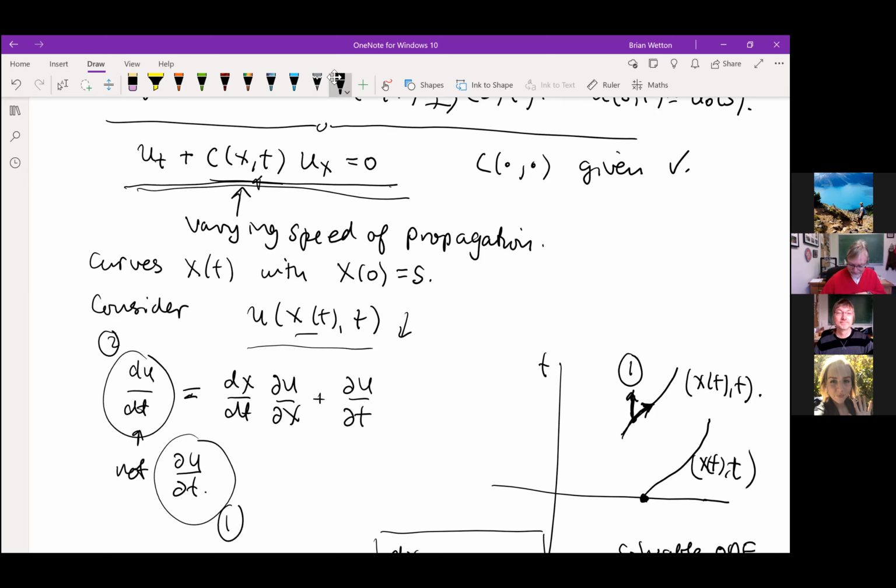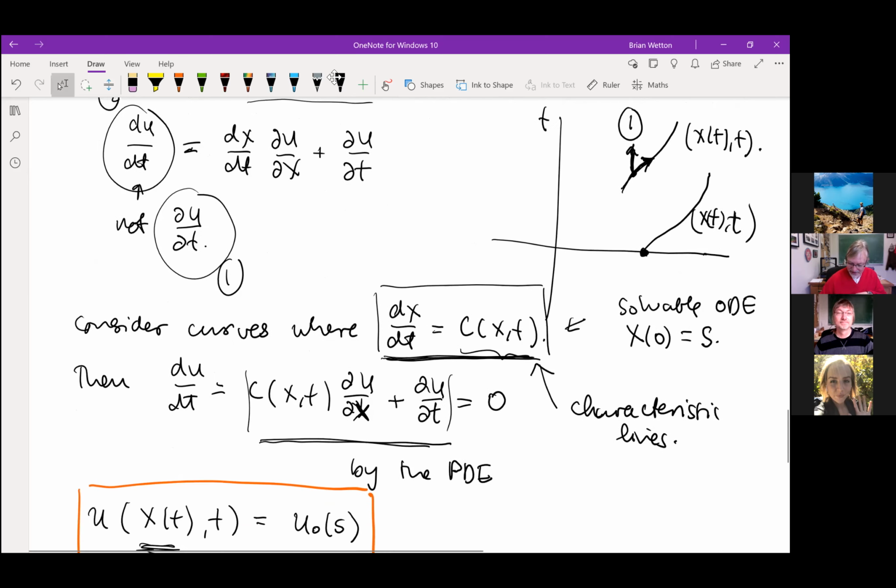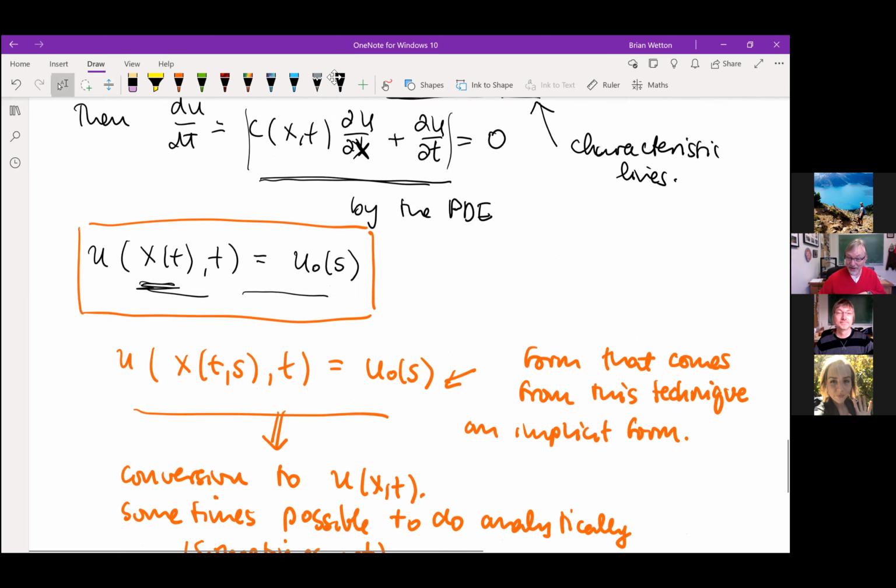You can check that. Even though it's linear, these characteristic equations are not linear. And so you will potentially have some cases where you only get existence for short time. Okay. Good question. Excellent question.